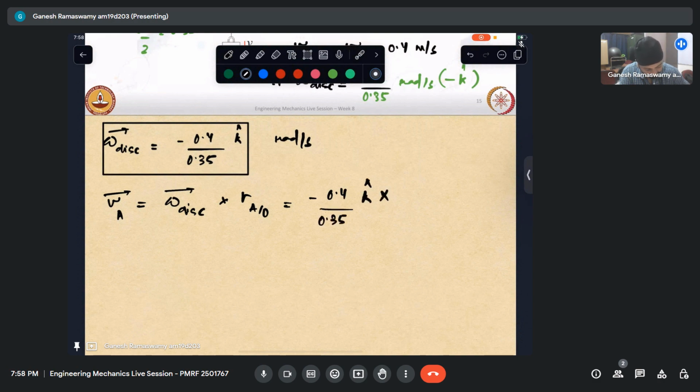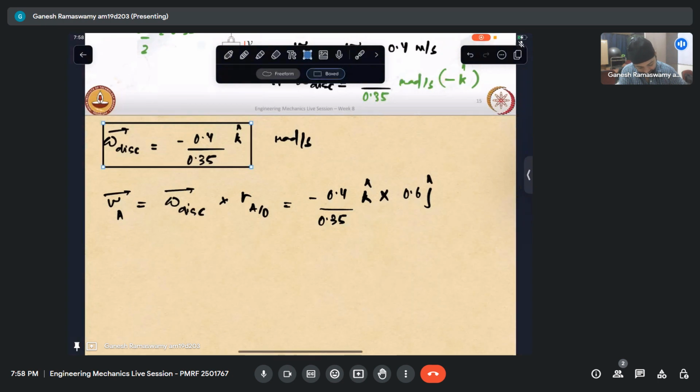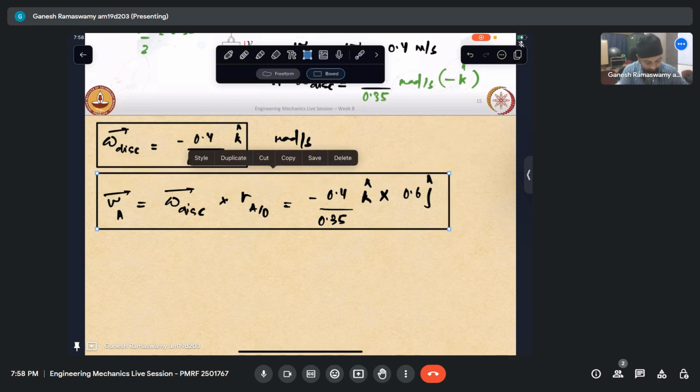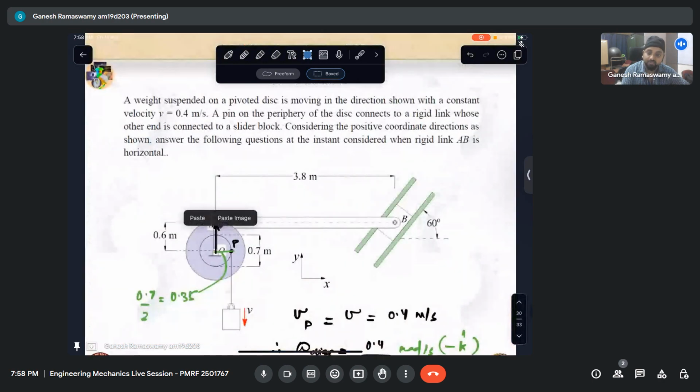So I have this quantity also. So once I have velocity of point A, then we again go back to our relative motion analysis and find out velocity of point B. Only thing is velocity of point B is constrained to move along that direction now.